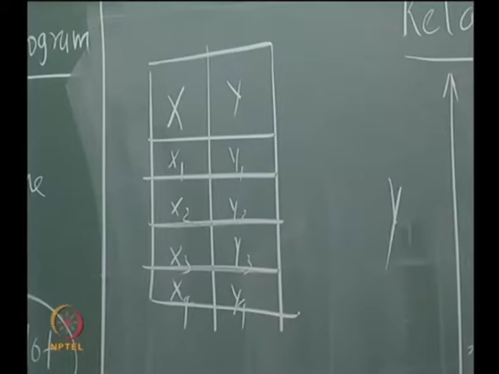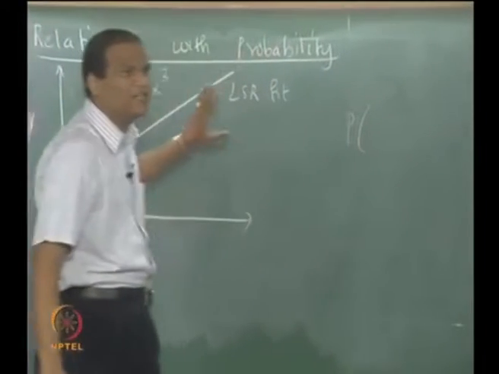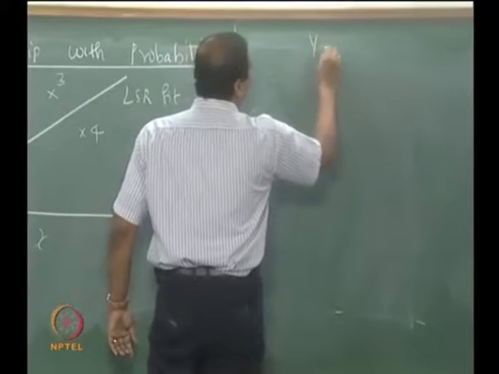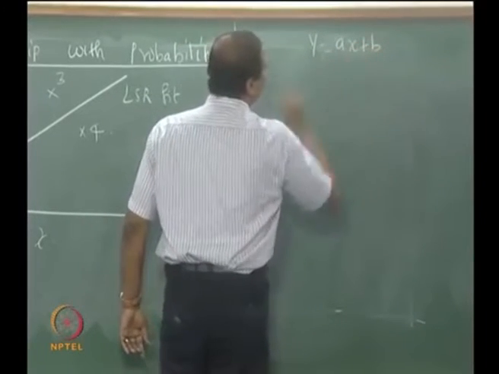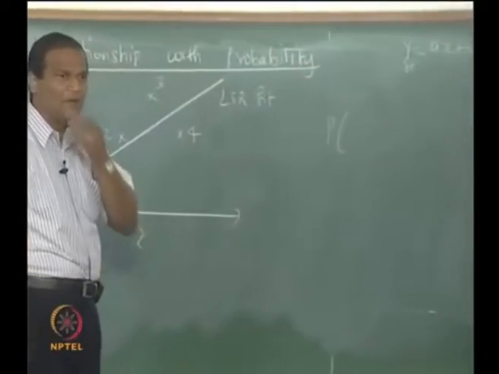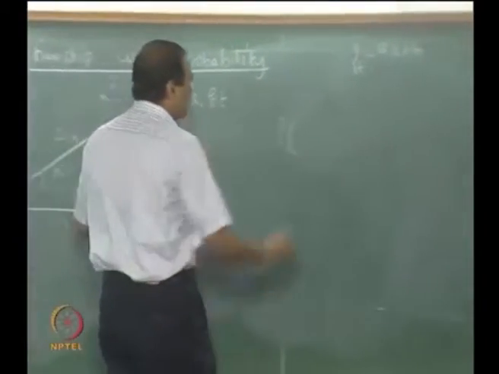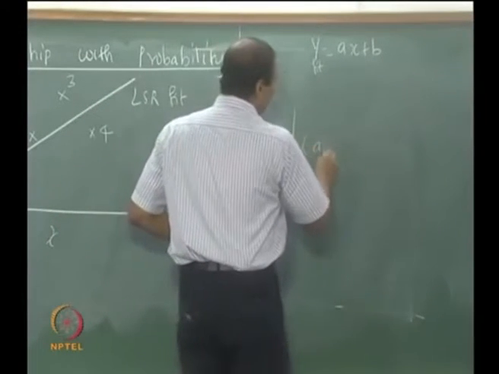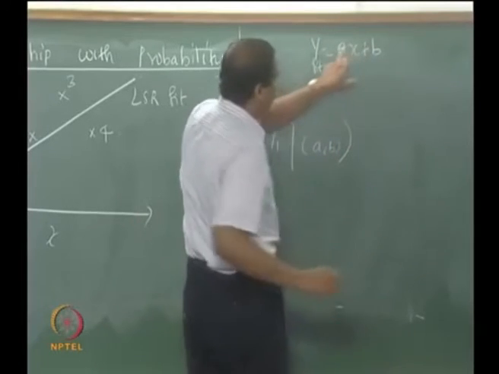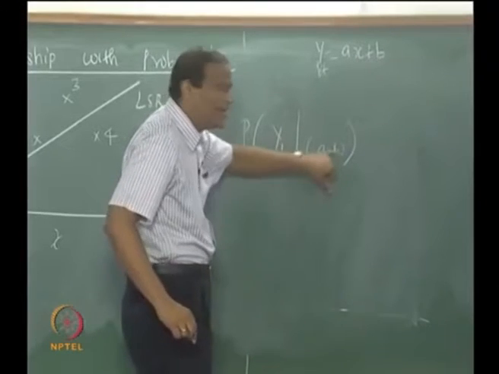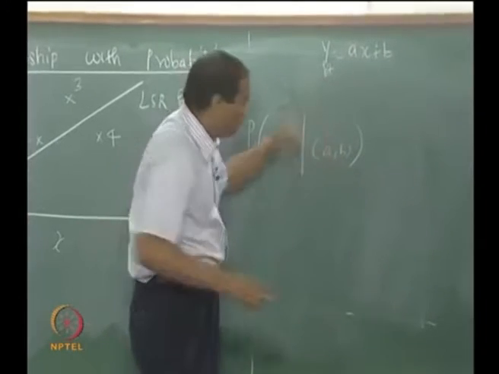Now assuming that the distribution of errors is Gaussian, and I am saying that y equals ax plus b, this is basically y fit, y fit is equal to ax plus b, the probability of getting y1 for this particular set A, B to be true, A and B being the 2 parameters which are yet to be retrieved, is given by this.